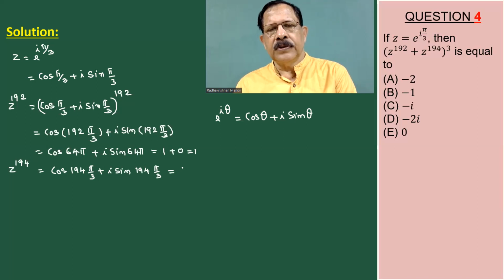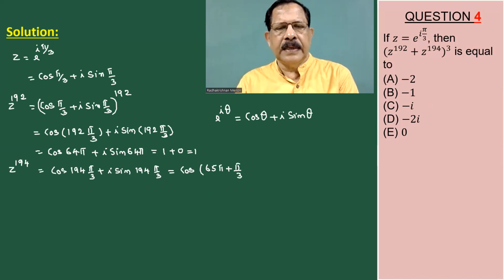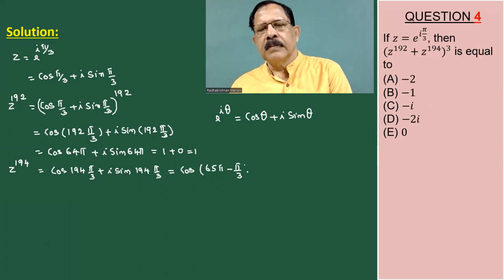This is equal to cos (65 pi minus pi by 3) plus i sin (65 pi minus pi by 3).